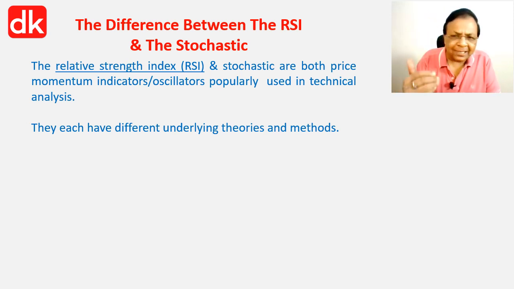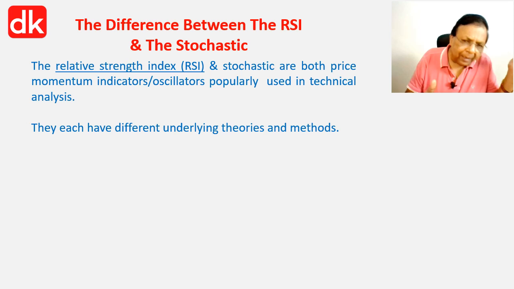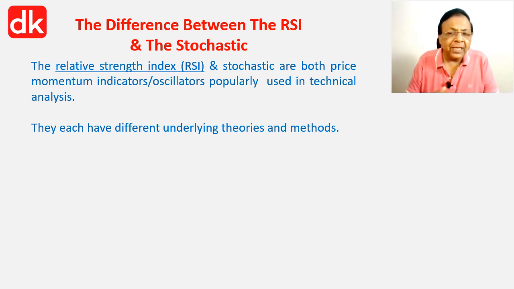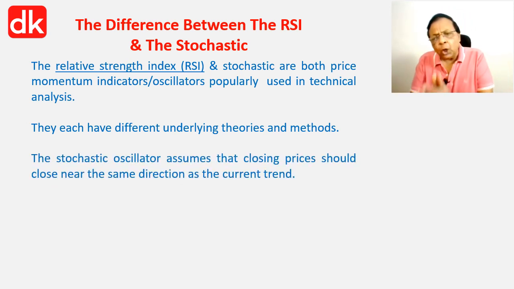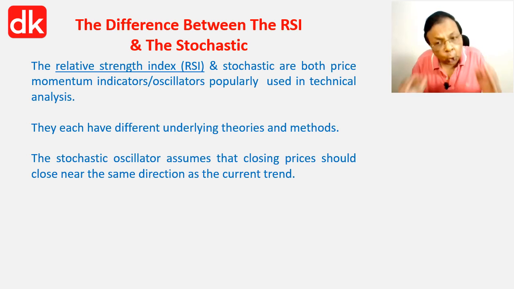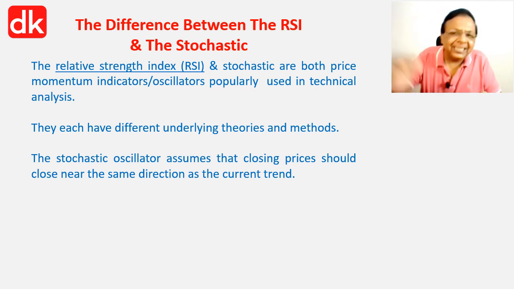Stochastic only compares the current price with respect to the range of the selected time period, that is 14-day, which is a default period. The stochastic oscillator assumes that the closing price will close, or should close, near the high in the same direction.